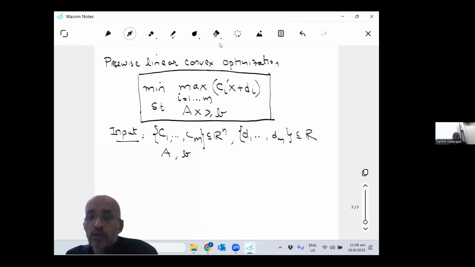We just saw that the max of convex functions is convex. This is a linear function, that's a convex function. So this is clearly piecewise convex, but not only that, it is piecewise linear. So this is a piecewise linear convex function. Remember, piecewise linear convex functions, for example, in 1D, might look something like this.